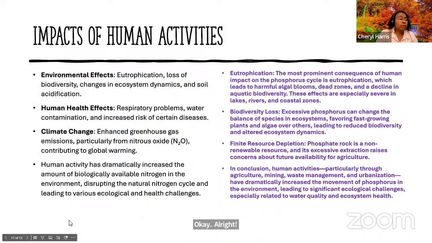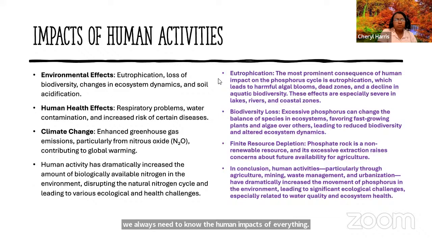So let's look at this. We always need to know the human impacts of everything. You need to know this word, eutrophication. So write that down, please. And the eutrophication comes with nitrogen and phosphorus.